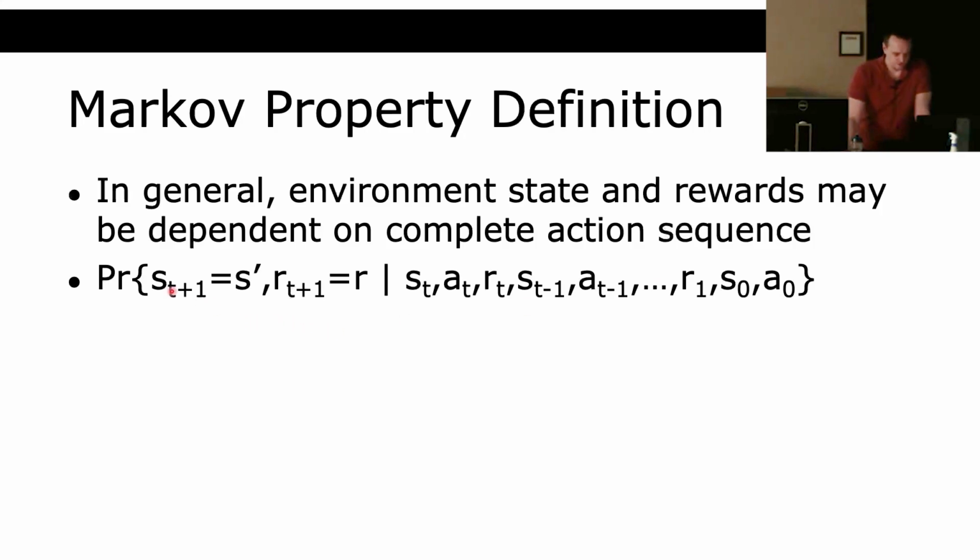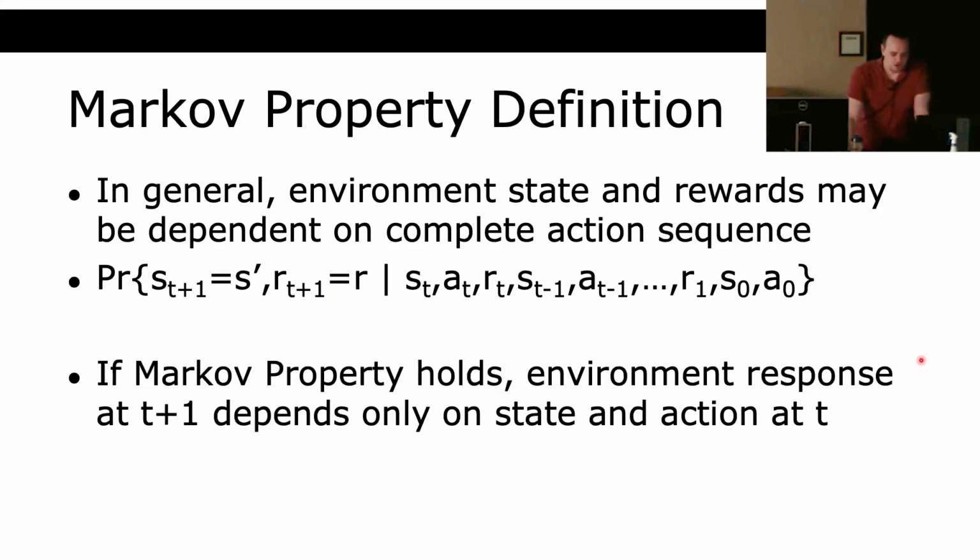Here it says the probability that the next state is a given state, and the next reward is a given reward, is dependent on the complete action history to date. This is that League of Legends example. The probability that the Baron was going to die to this shot is dependent on all the things that have happened so far in order to make that decision.